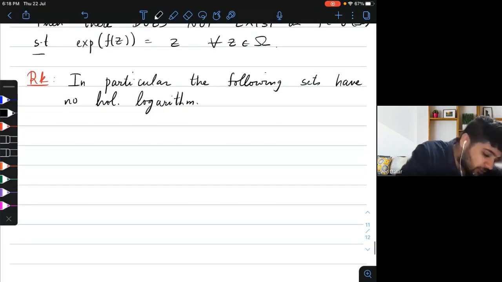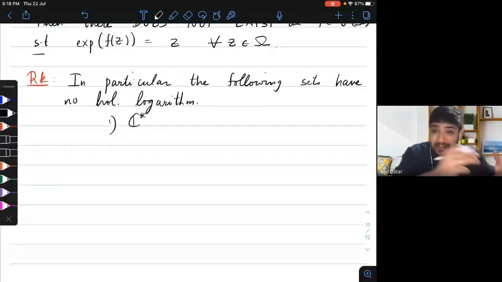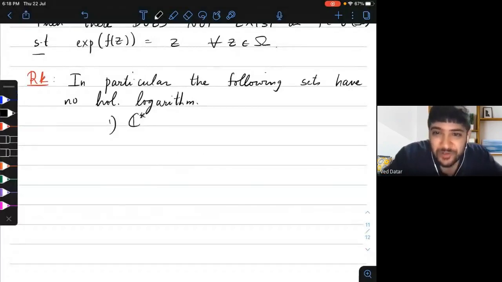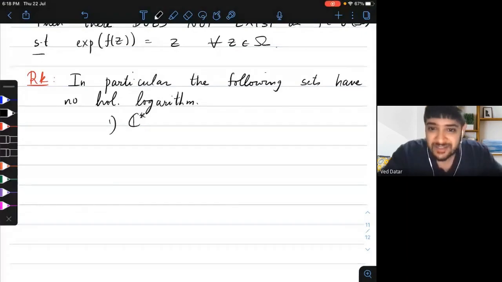So for instance, you can take C star. Ideally, in an ideal world, you would like to define a holomorphic logarithm on all of C star.